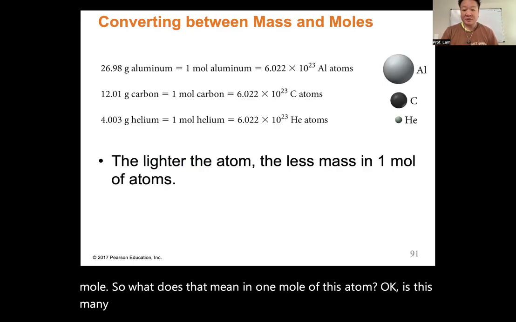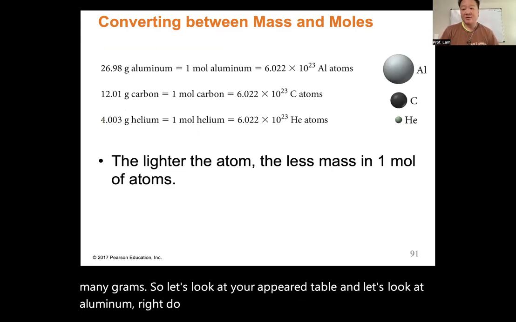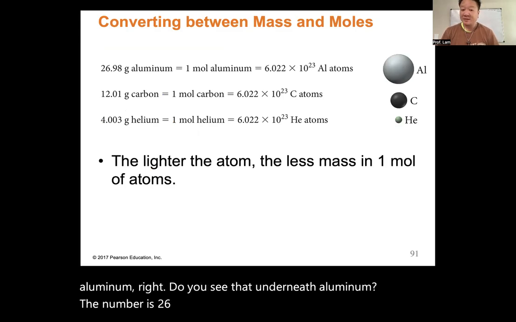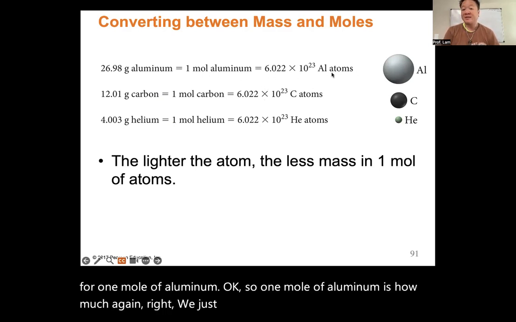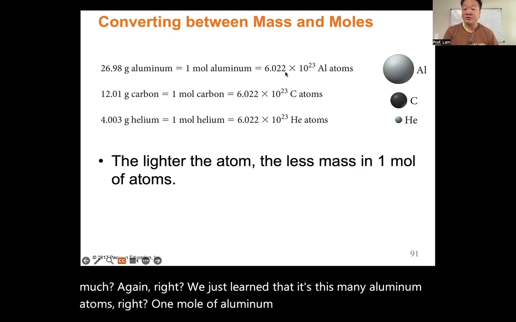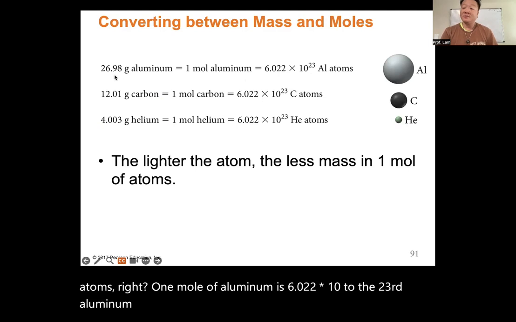So let's look at your periodic table, and let's look at aluminum, right? Do you see that underneath aluminum, the number is 26.98? So that number is actually the gram number for 1 mole of aluminum. Okay, so 1 mole of aluminum is how much again, right? We just learned that it's this many aluminum atoms. 1 mole of aluminum is 6.022 times 10 to the 23rd aluminum atoms, which is equal to 26.98 grams, right?